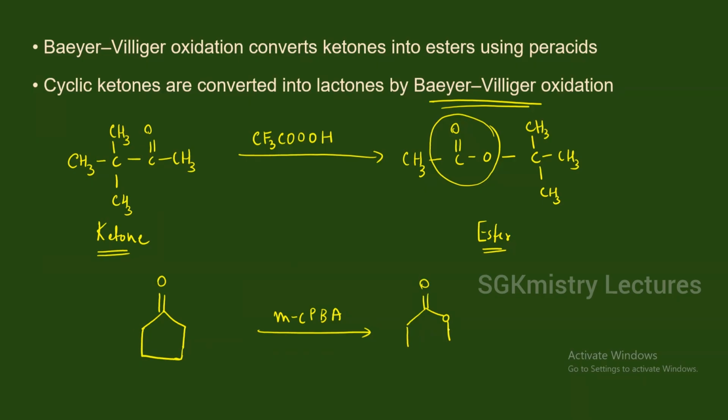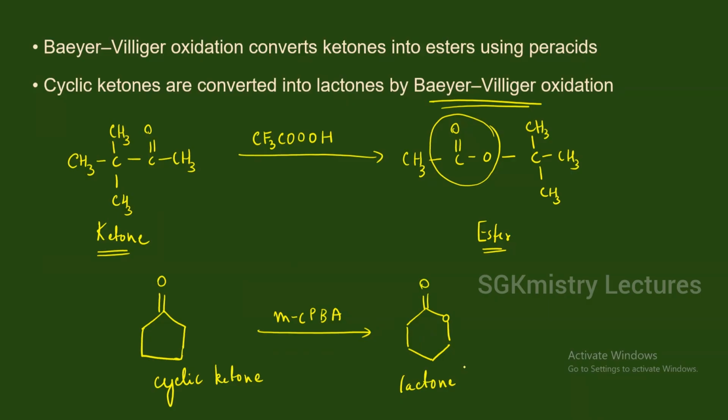Now since one more oxygen is inserted into the ring, the ring becomes 6-membered. This particular compound has the name delta valerolactone, or you can just remember that the cyclic ketone will be converted to lactones because of the Baeyer-Villiger oxidation in the presence of peracids.